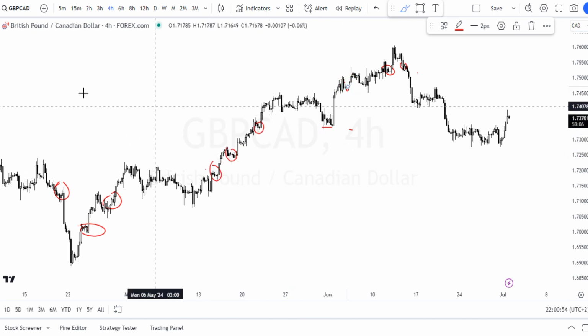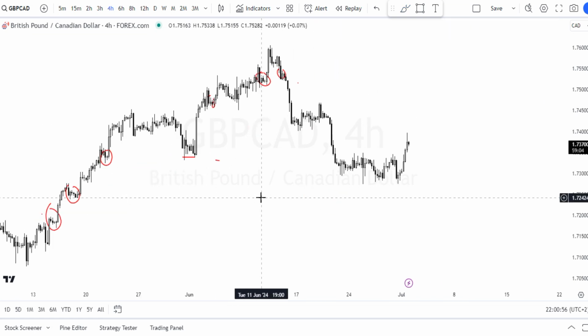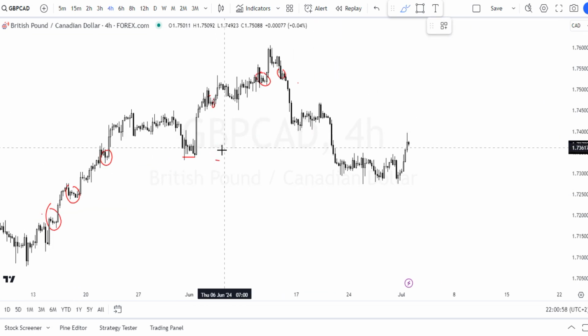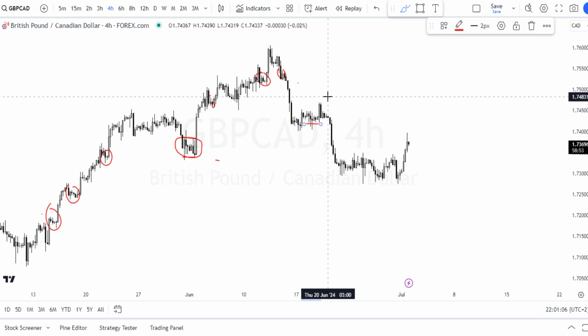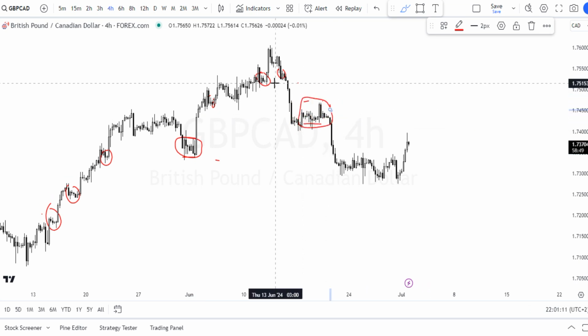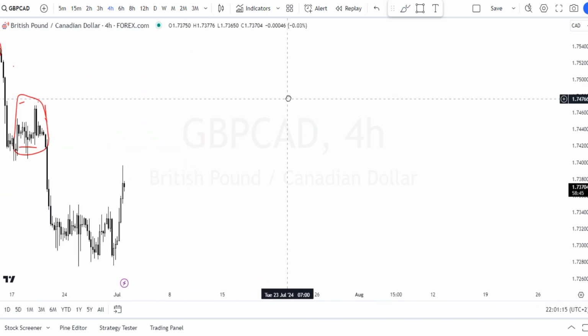Okay, what is an order block? You can see that these few small basing candles are an order block. An order block can be formed in only two ways.